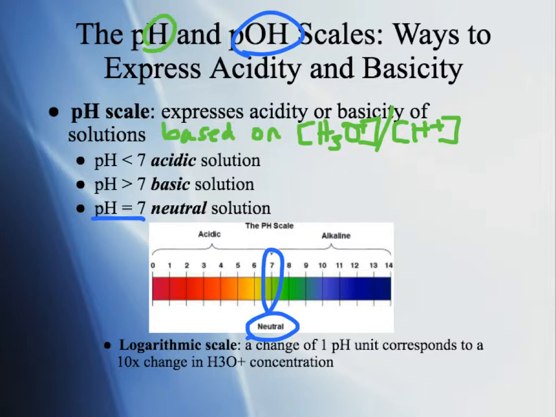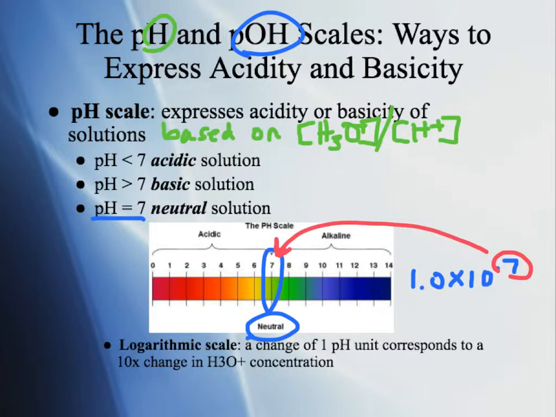And if you remember what we just talked about a few minutes ago, when they're equal, they're both 1.0 times 10 to the negative 7. So the 7 is right there in the middle, just like the pH scale.